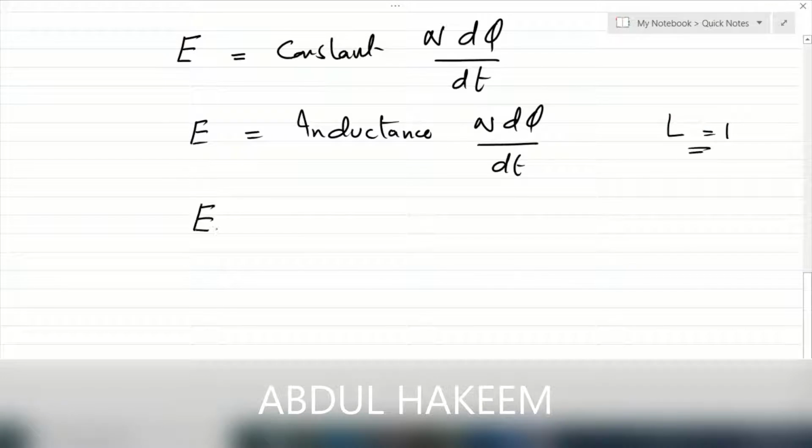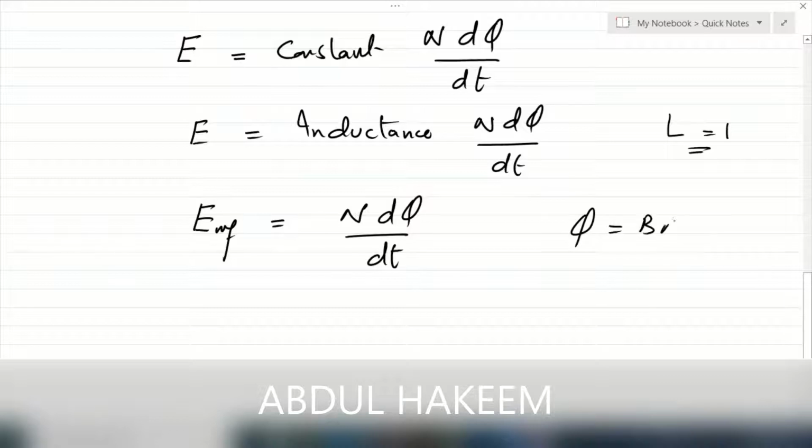So the EMF induced is equal to N d phi over dt, where phi is equal to BA sine theta. So this flux is changing either due to change in magnetic field, due to change in area, or due to change in direction.